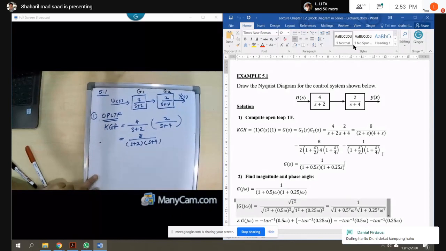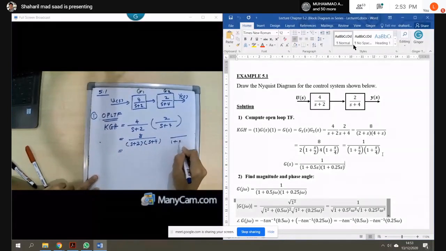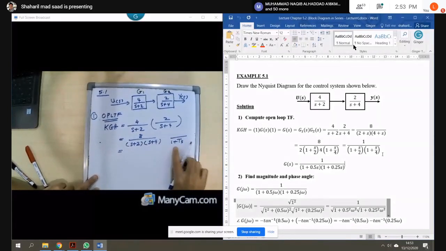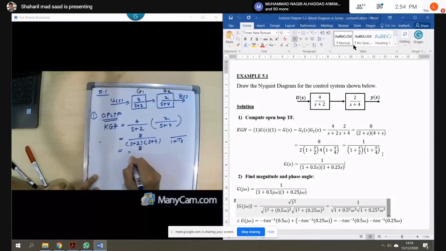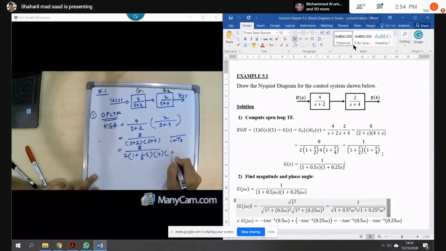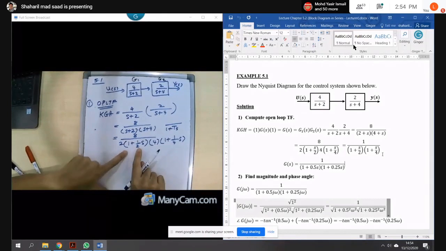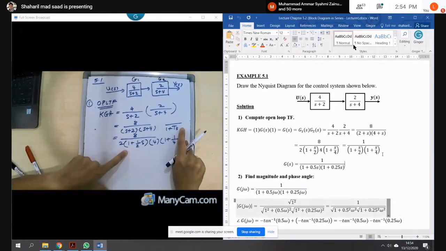Try to simplify this first to be like 1 plus time constant s. So what can you have? 8 over 2 times 1 plus 1 over 2s, times 4 times 1 plus 1 over 4s. I try to make it the same as 1 plus ts, the time constant s.